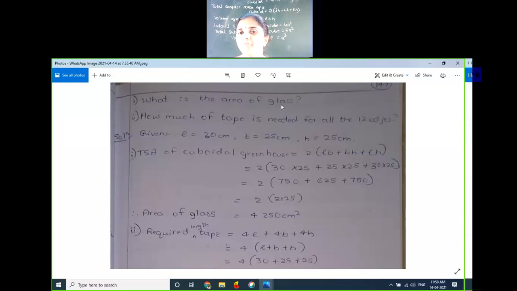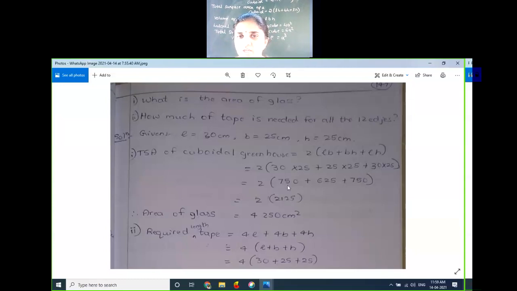First question, what is the area of the glass? TSA of the cuboidal greenhouse is equal to 2 into (LB plus BH plus LH). Now substitute the value: 2 into (30 into 25, plus 25 into 25, plus 30 into 25).